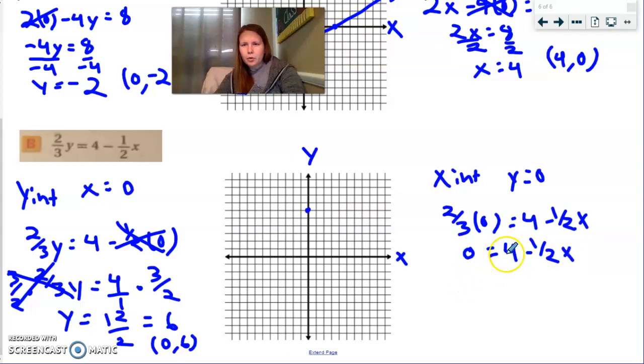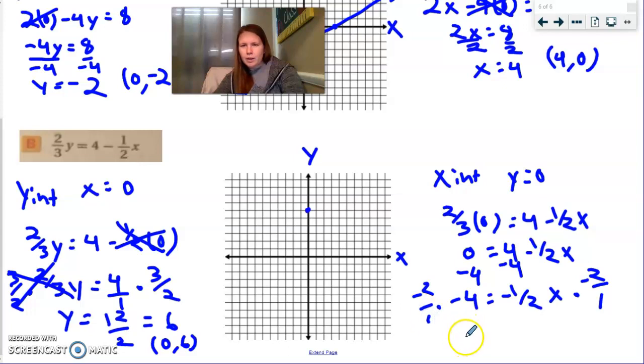We're going to have to move this 4 over, so we're going to have to subtract it. Negative 4 equals negative 1/2 x. If I undo this negative 1/2 by multiplying by negative 2, I'm going to end up with x equals 8, or the point 8, 0. 1, 2.